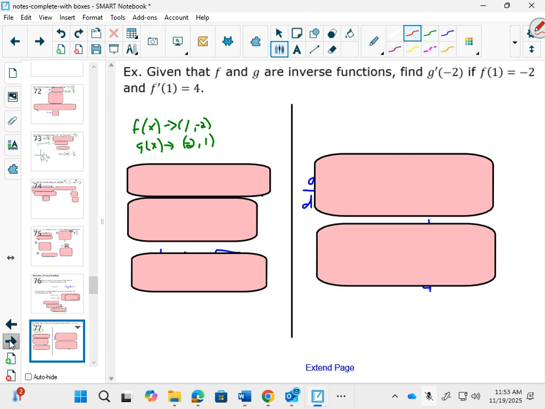If I know f prime at 1 is 4 over 1, at the corresponding point, g prime at negative 2 then would be run over rise, 1 over 4. Did we figure out the question? Yes. Not showing the extra formula work, keeping it simple. This is the best way to do this question.